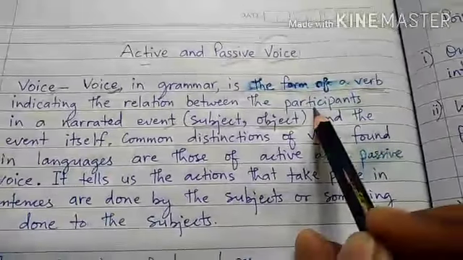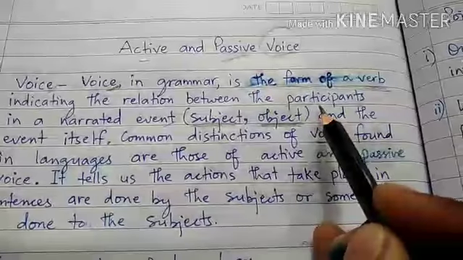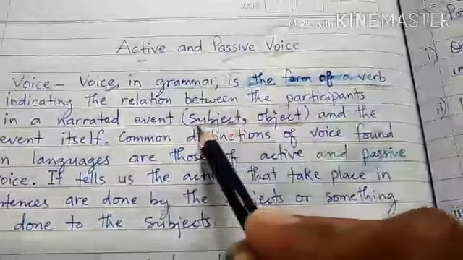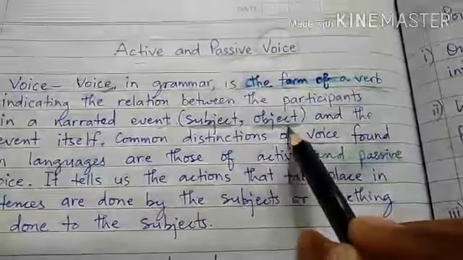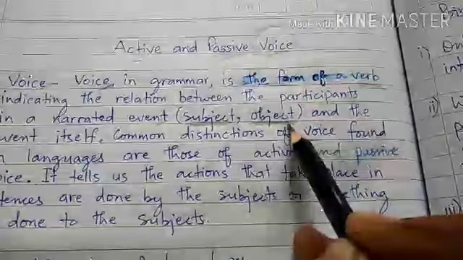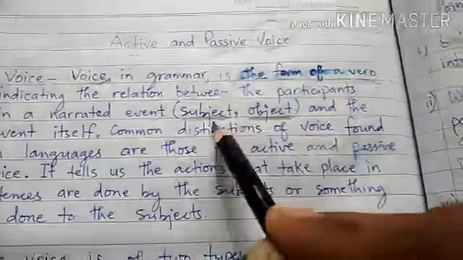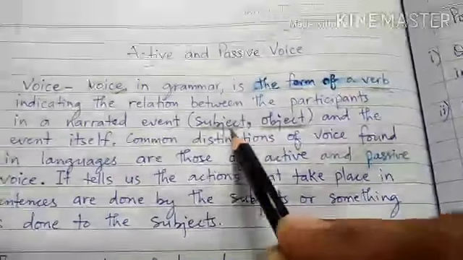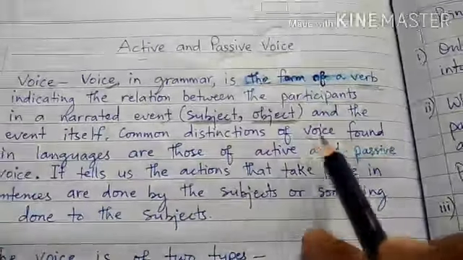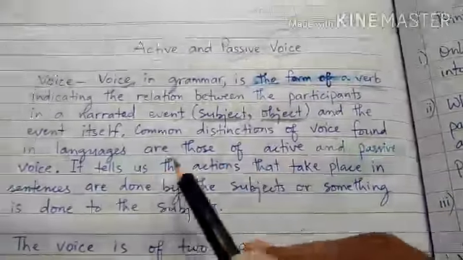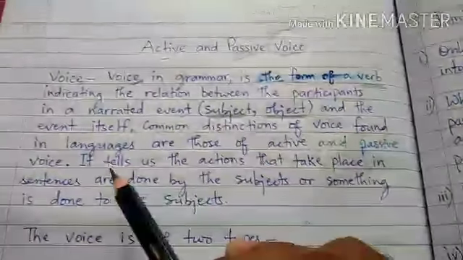There are always two participants of the actions. One is the subject that does the action and another is the object. Though the object does not perform actions, it receives the action performed by the subject. Okay. So common distinctions of voice found in languages are those of active and passive voice.